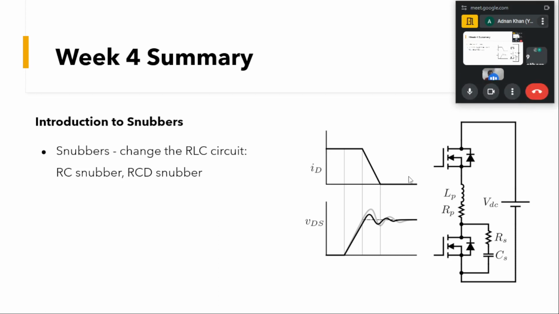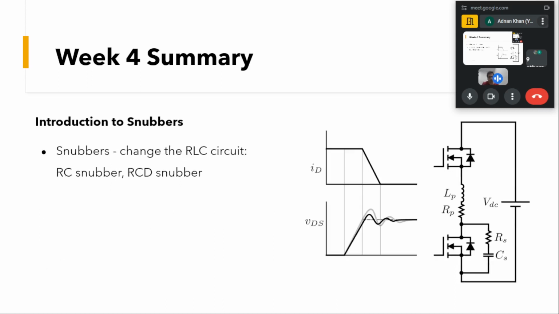But what is in our hand is that we can change the values of this R and C. By changing the values of this R and C, we can change the overall parameters of the circuit, and by changing these we can limit these spikes and ringing during the turn off of our devices.